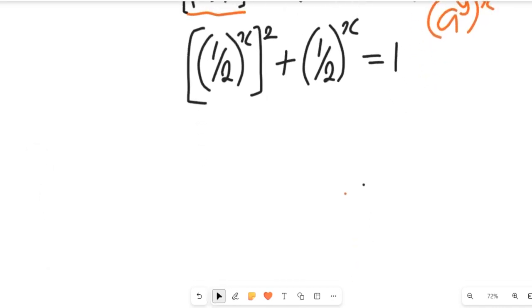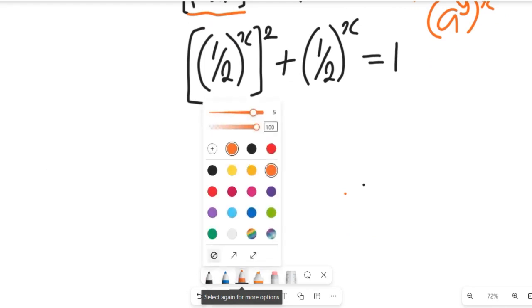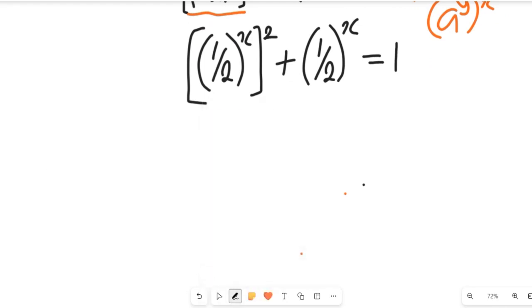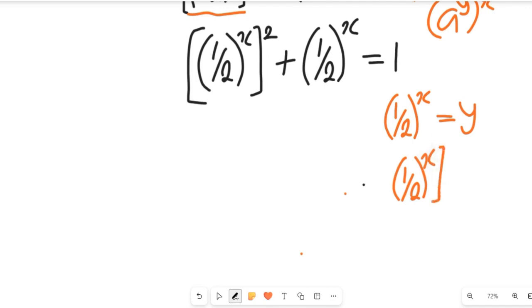Now let's analyze this. Let's make 1 divided by 2 to the power of x equal to y. If we look at that, 1 divided by 2 to the power of x, all to the power of 2, can be equal to y squared.